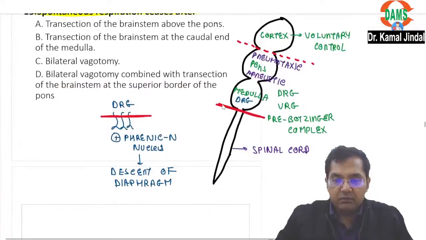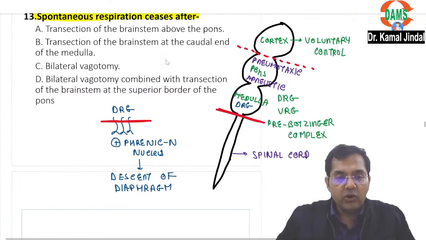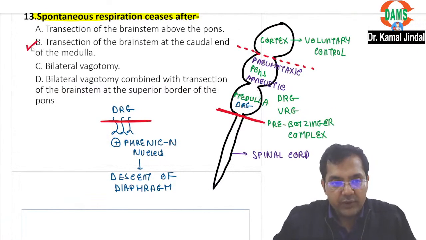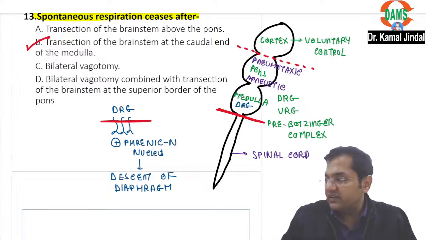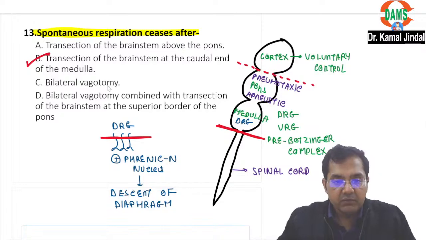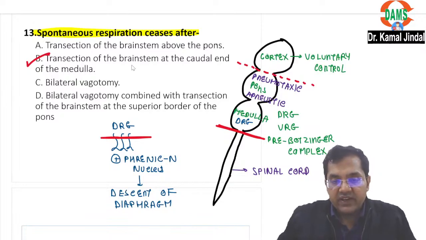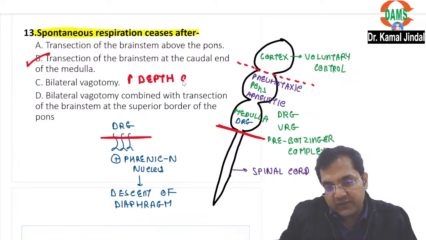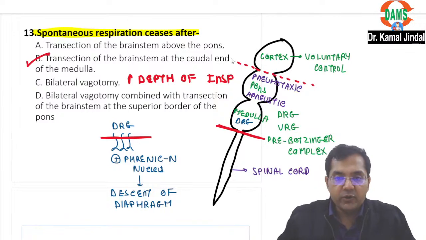But if I do a lesion at the caudal end of medulla, as I told you, DRG cannot act. This is the answer. You will have cessation of respiration, the animal will die. Bilateral vagotomy will increase the depth of inspiration. Again explained properly in the videos. Please have a look once.